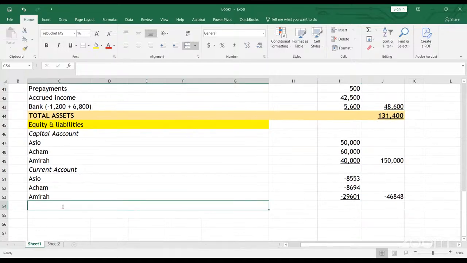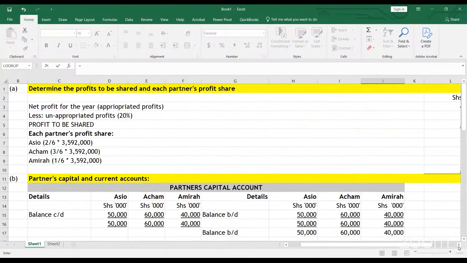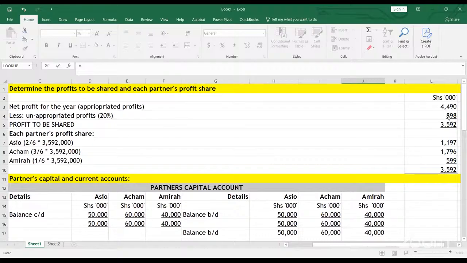Then we have the unappropriated profits. There's a portion that is to be maintained, the profits that are retained, unappropriated profits. The 20% which we computed, that one should appear. It's going to be retained in the books. That was 898.